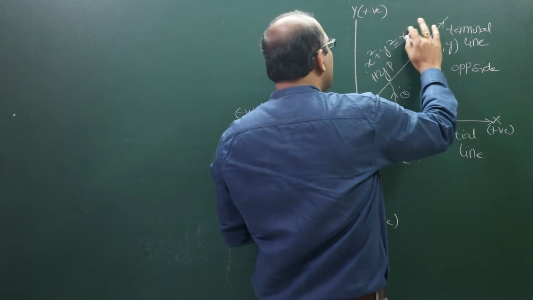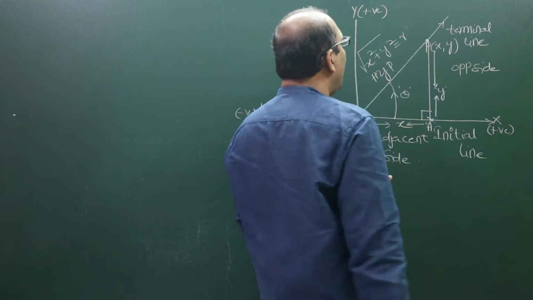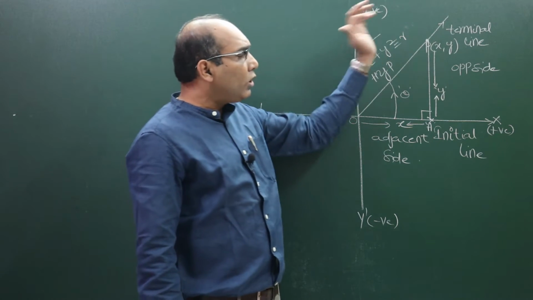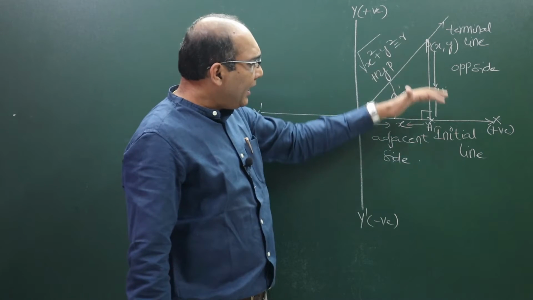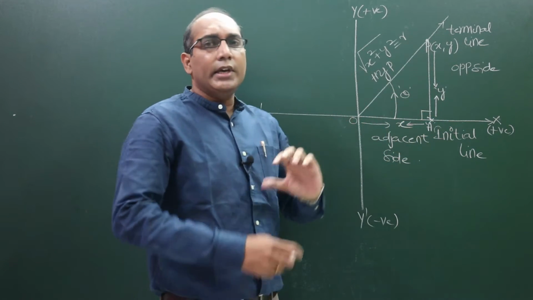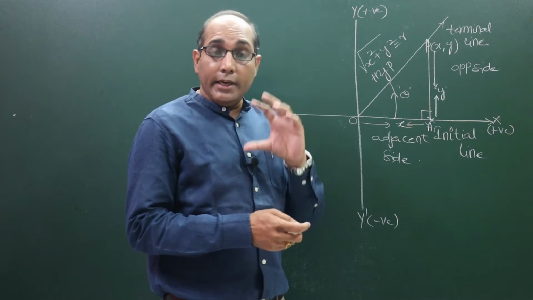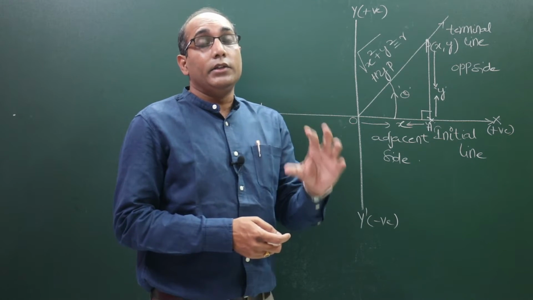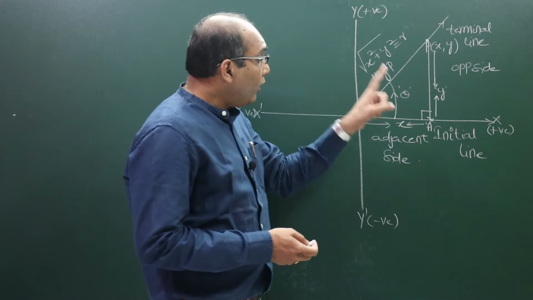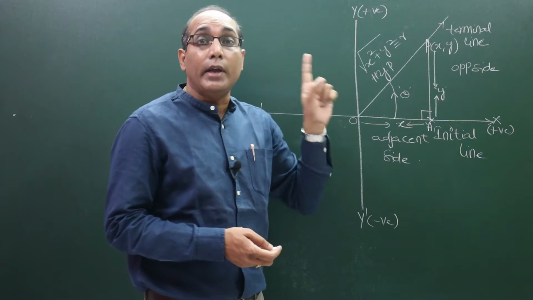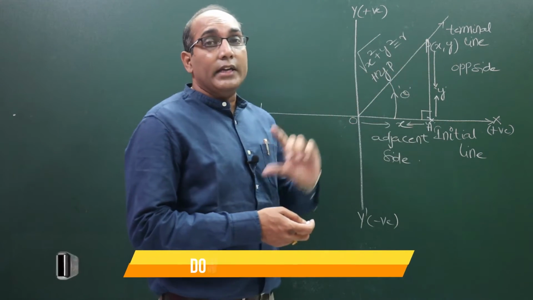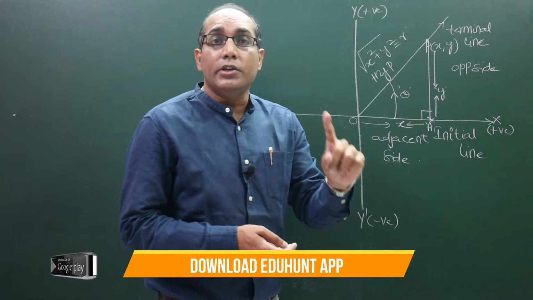Now r will be square root of x square plus y square. Now the value of OP is r, the value of PA is y, the value of OA is x. Here we have to define the trigonometric ratios by using the angle of reference, in fact acute angle, and triangle of reference, in fact right angled triangle.